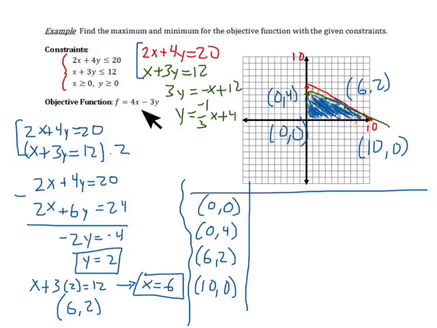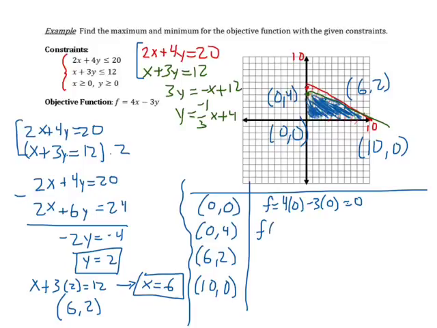So we take our objective function, which is f equals 4x minus 3y. We now have some x and y values. We're going to plug them in and find f. So we have f equals 4 times 0 minus 3 times 0, which is 0.